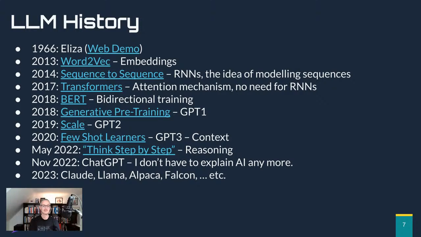Transformers and BERT and GPT-1 all improved how the model was looking at that text in order to provide better predictions, basically. And then GPT-2 and GPT-3, 2019, 2020, were basically all about scale, just bigger data sets, bigger models, and they got better and better.